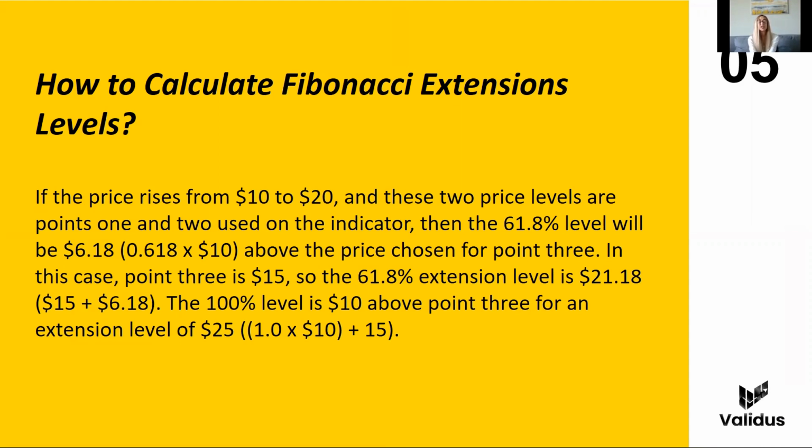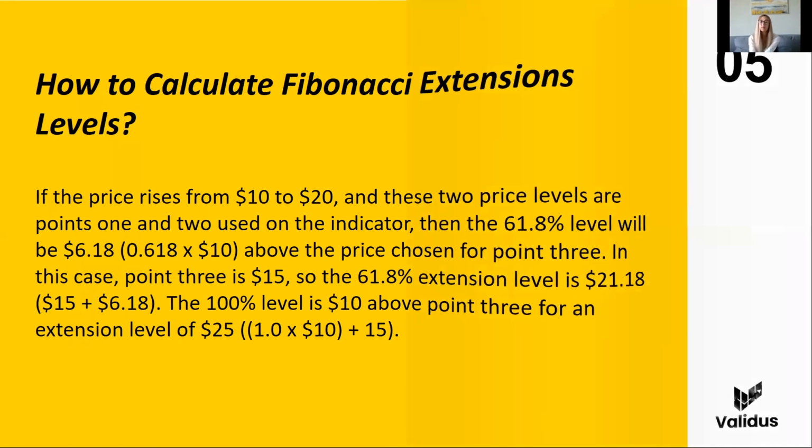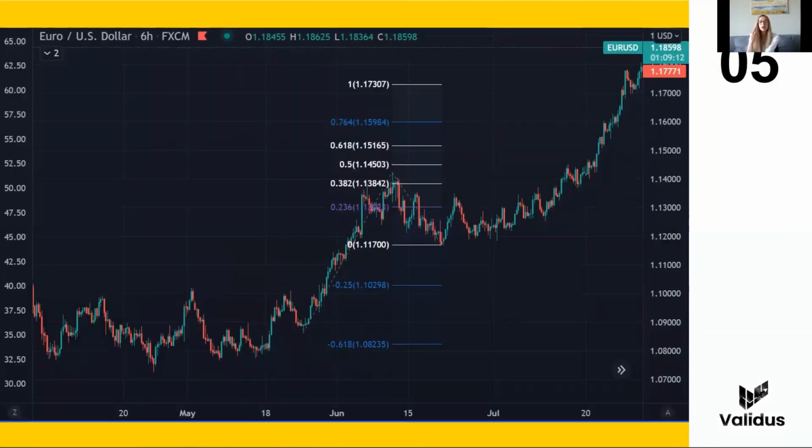So what do Fibonacci extensions tell you? Fibonacci extensions are a way to establish price targets or find projected areas of support or resistance when the price is moving into an area where other methods of finding support and resistance are not applicable. If the price moves through one extension level, it may continue moving toward the next.